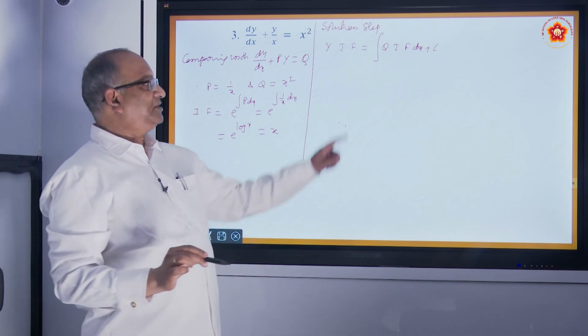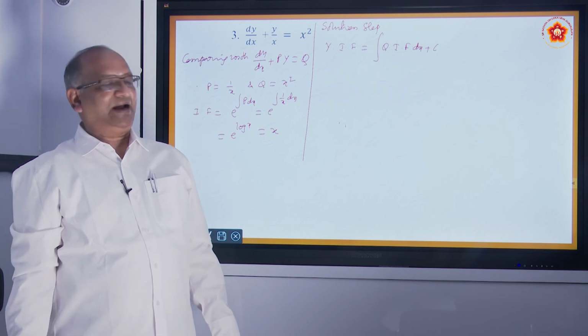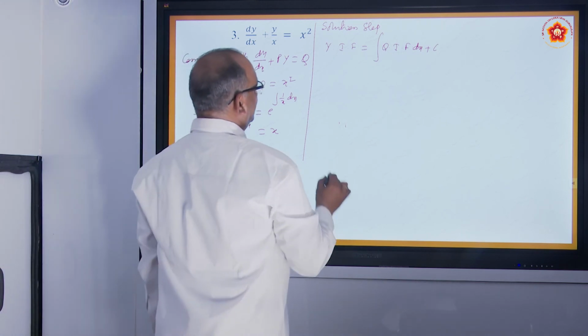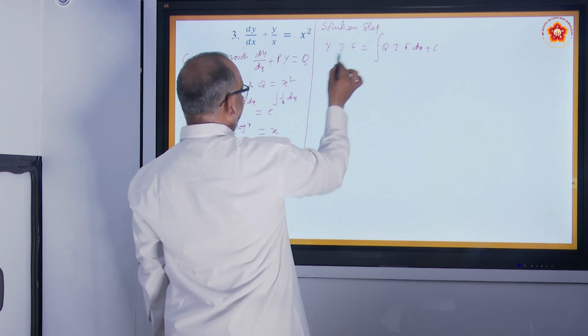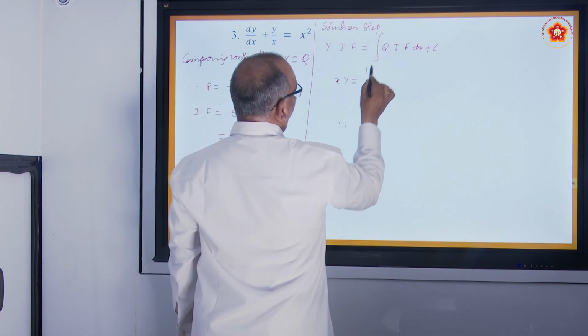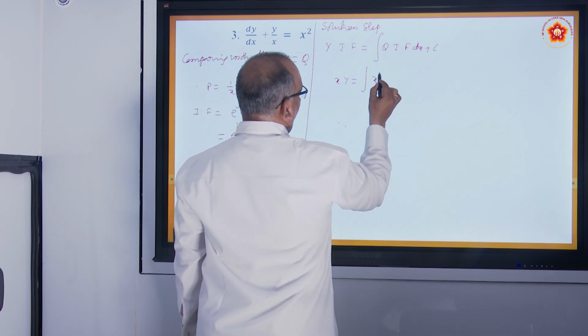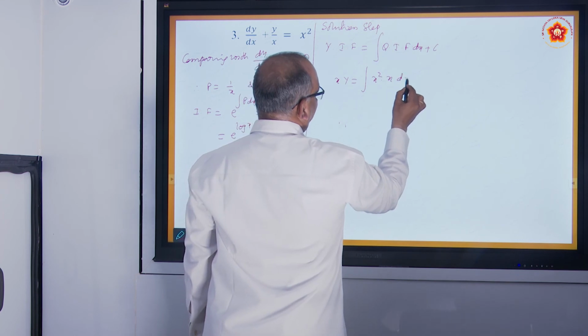It will become a solution when we are able to integrate q into integration factor. So substitute the values. What is the integration factor? x. So it is xy equal to the integral of q, which is x square, into x dx plus c.